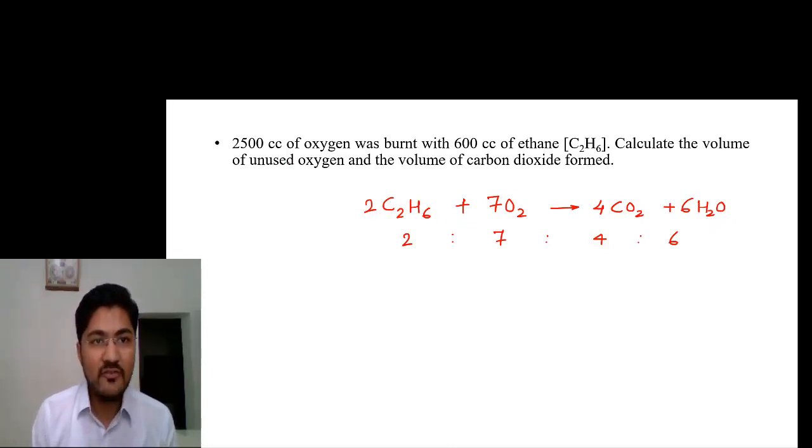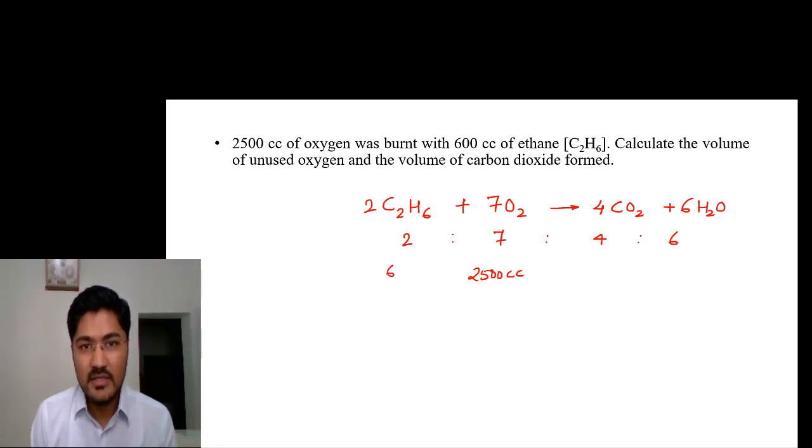Now we have been given the quantity of oxygen to be 2500 cc, ethane to be 600 cc, carbon dioxide is to be found out, and unused oxygen is to be found out. Unused oxygen means the volume of oxygen in excess as per the question.